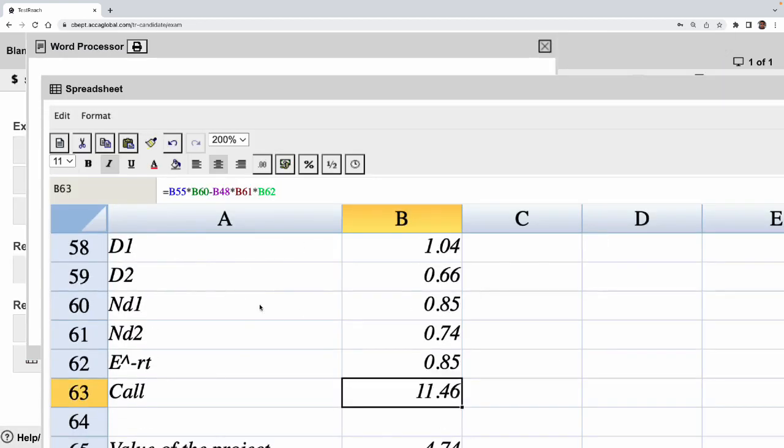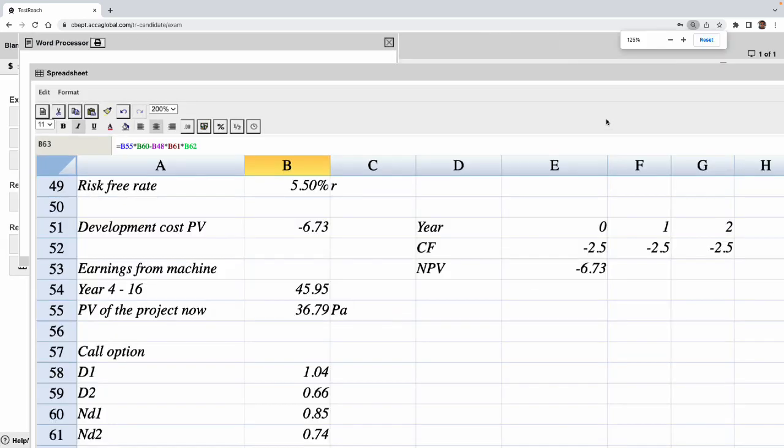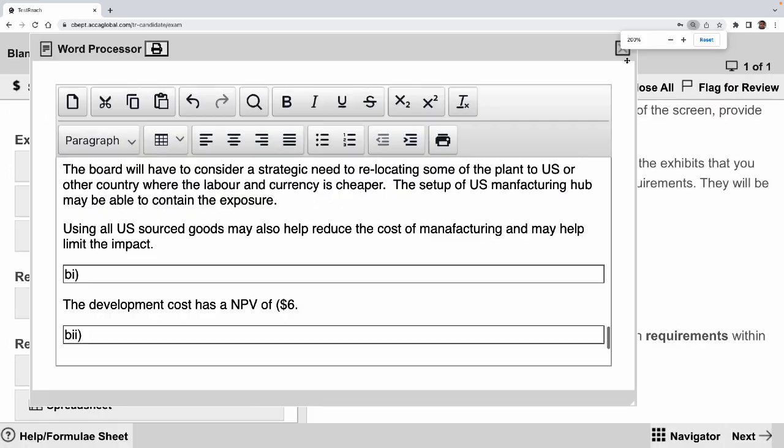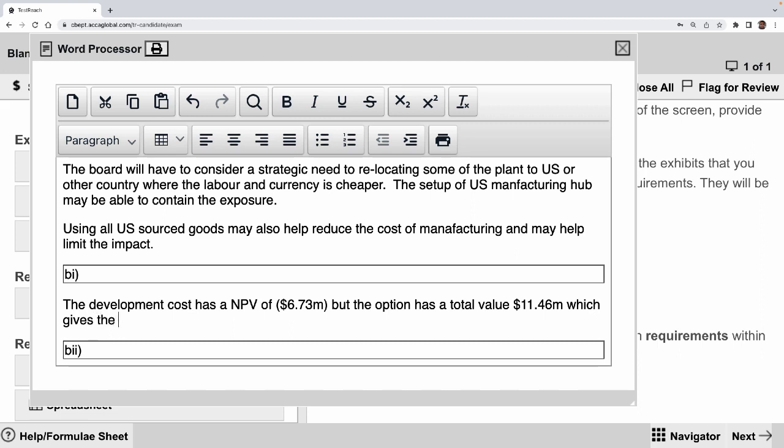How much is it? 6.73. No, can? How much is the option value? 11 point? $4.74 million.